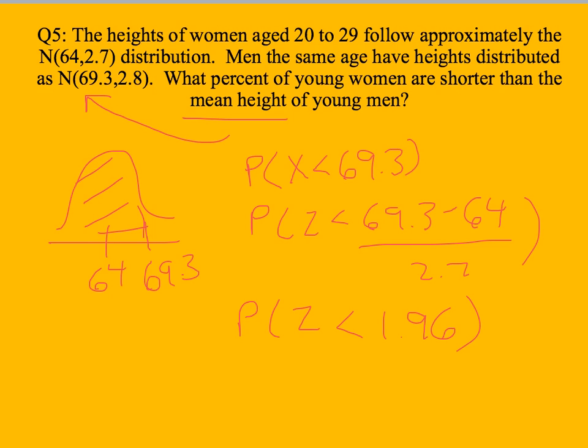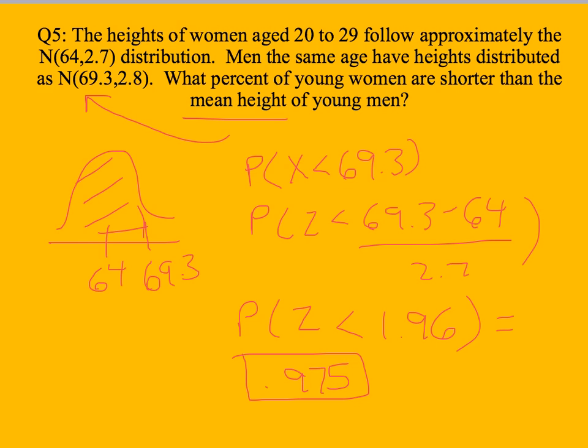We know something about 1.96, because it cuts off the middle 95%, right? So there's only 2.5% above it. So this would be 0.975. We could have found that by looking at our table as well. You would see that 97.5% of the women should be shorter than the average male.